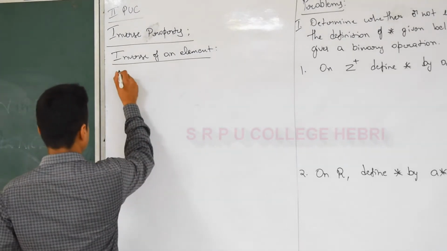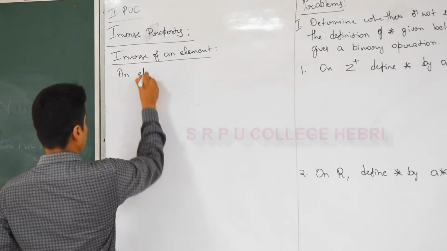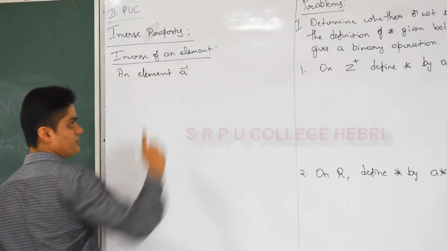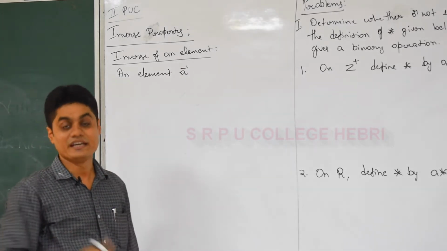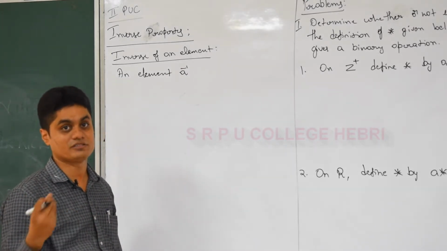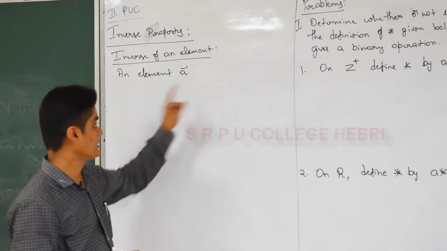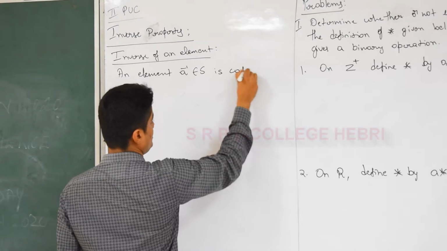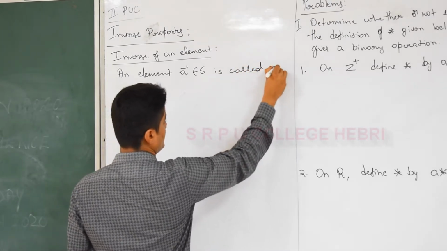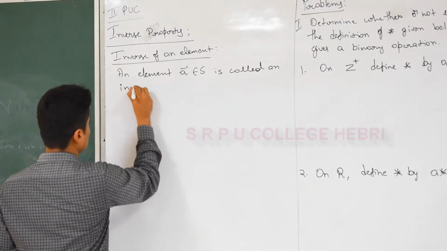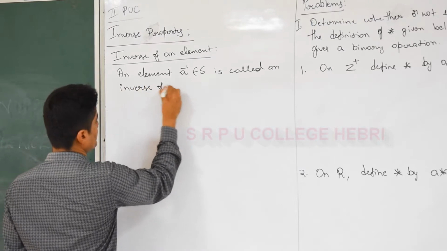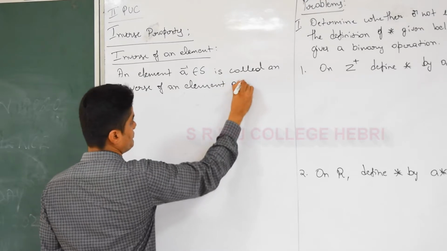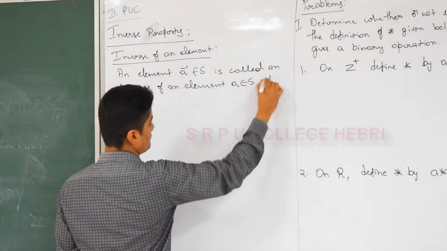The definition is as follows: an element A inverse, and there is a notation you already saw in inverse trigonometric functions, the inverse of a function. The inverse of an element will be denoted like this. An A inverse belonging to S is called an inverse of an element A belonging to S if, what is S here?